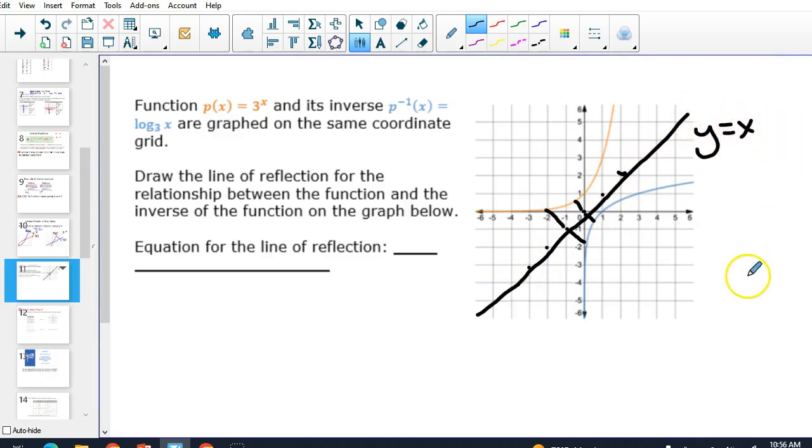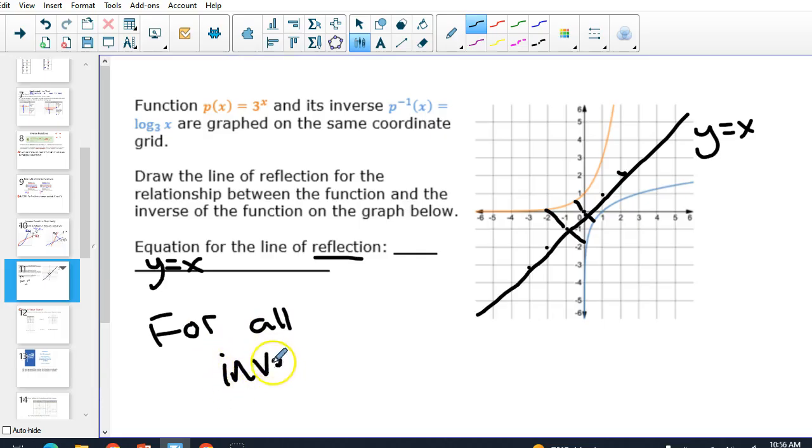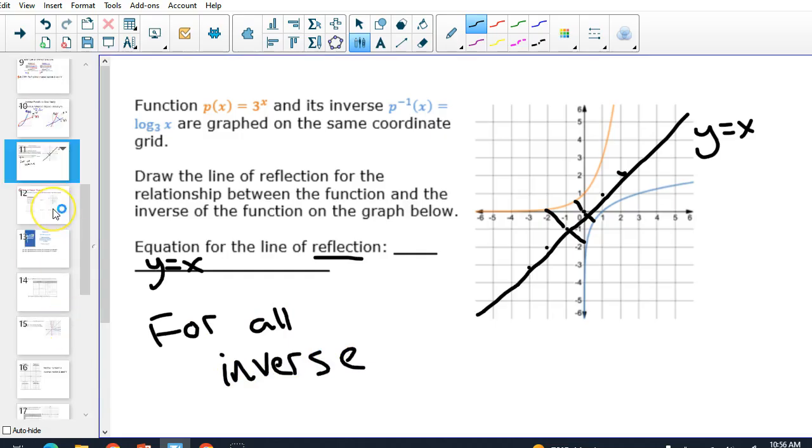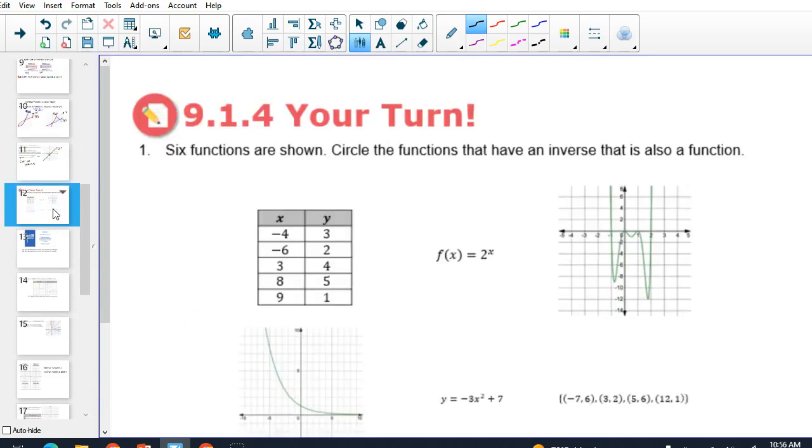So our linear function starts at 0, has a slope of 1, so we get the basic function y equals x. The equation of a line of reflection, remember, is like a mirror, it's going to be y equals x for all inverses. Hopefully you're getting a little irritated of hearing me say that. Hopefully we can get it to sink in there. Okay?